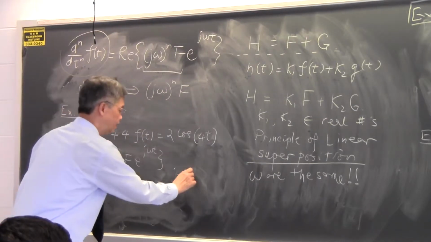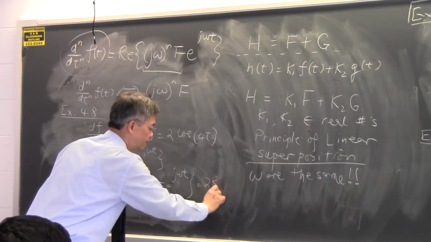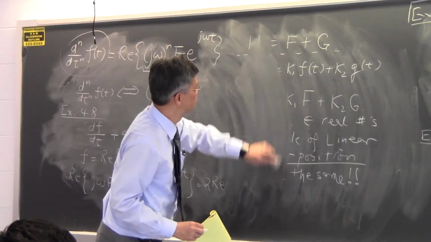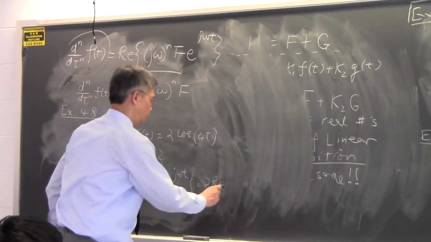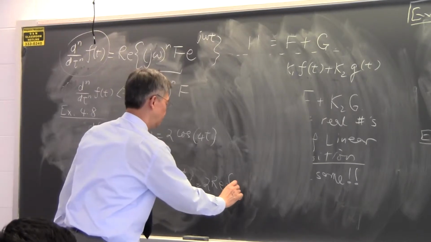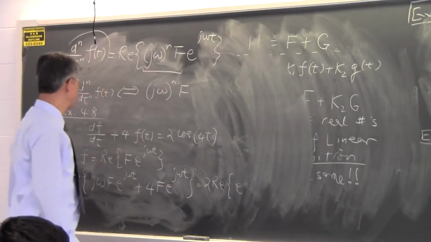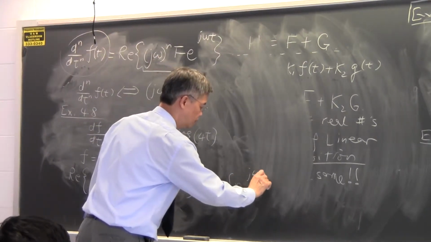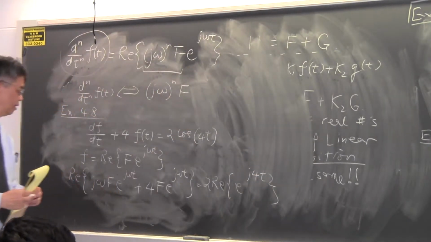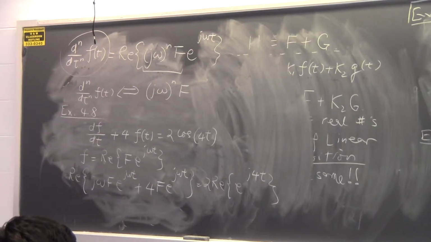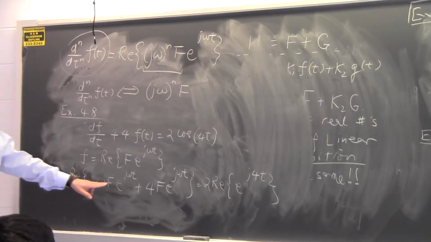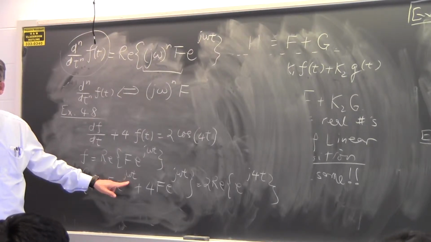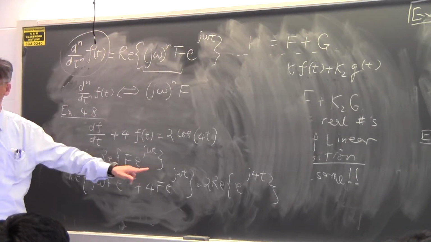And then the right-hand side would just be 2 times the real part of e to the j4t, right? And in order for these two equations to match up, what must I pick for the omega on the left-hand side? It must be 4. Otherwise, this equation can never match.